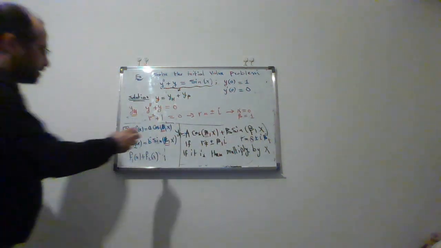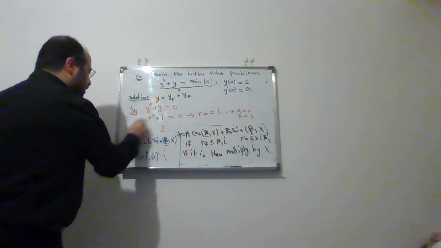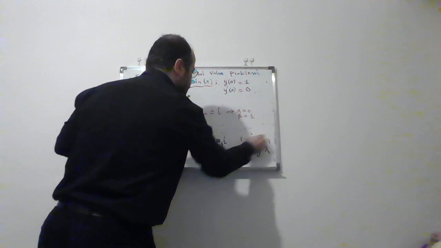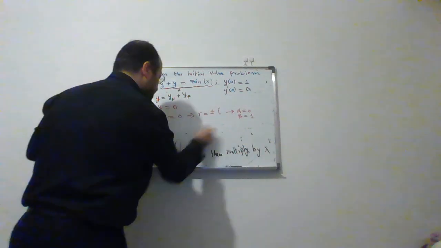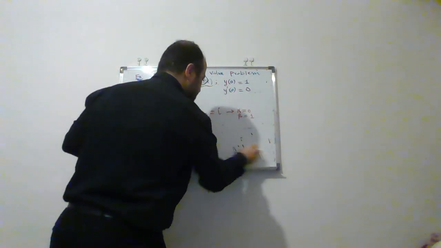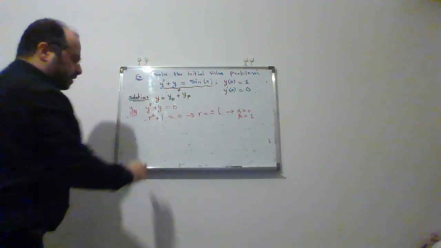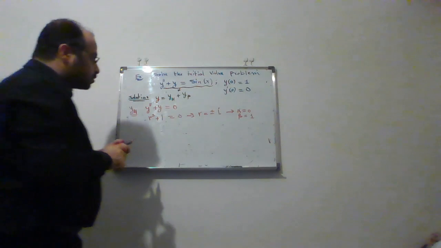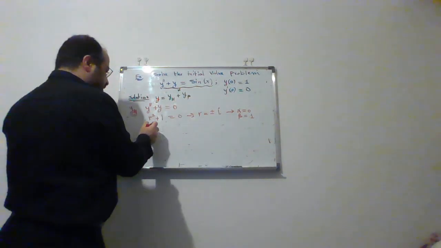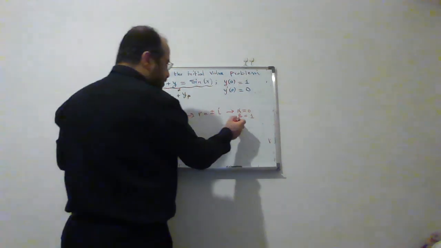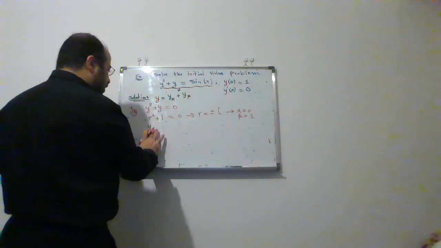Now let's continue and write the homogeneous solution for this. So if you want to go with y homogeneous, right? Or from this you could even get first y1 and y2.